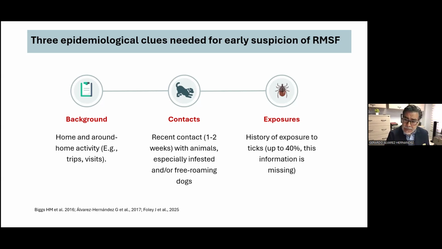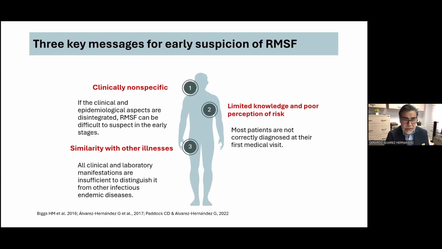So, in my perspective, an early suspicion of this disease may be achieved if we incorporate 3 key concepts. Number 1, we need clinics and epidemiology altogether in order to distinguish RMSF from other infectious diseases.